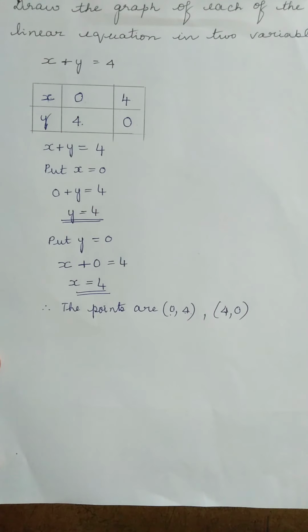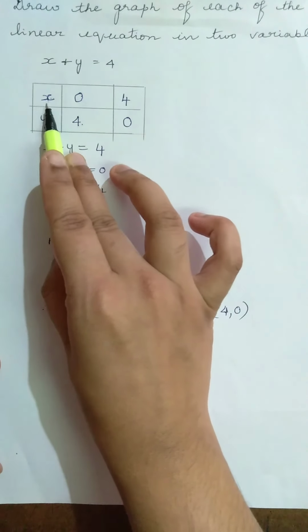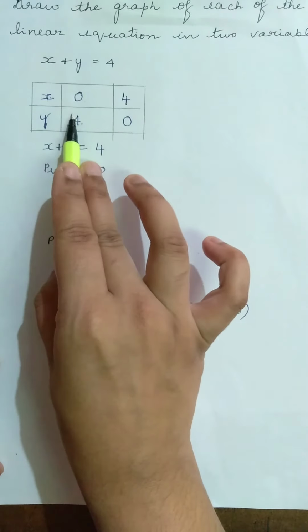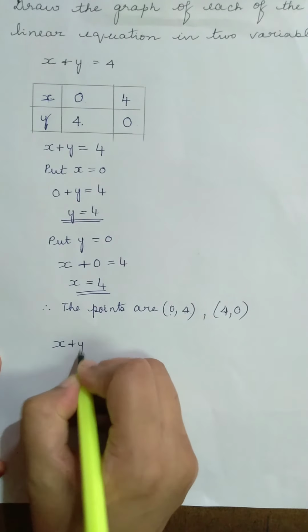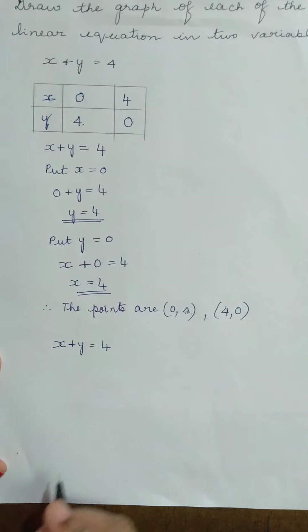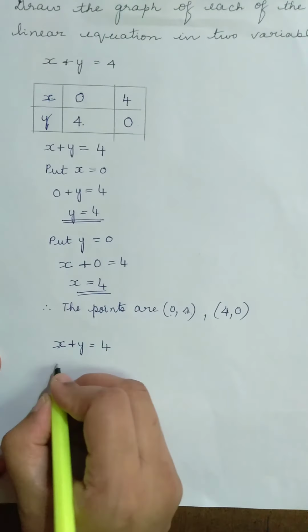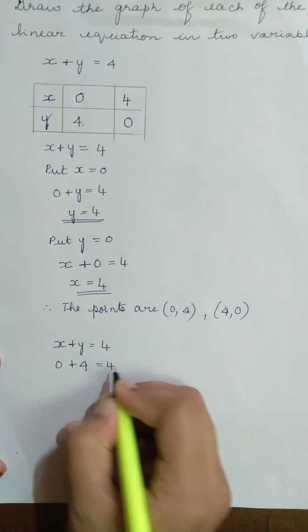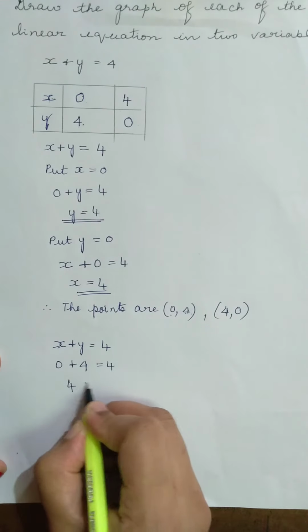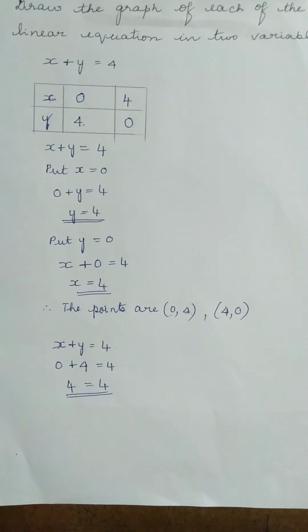Now children, let us apply x = 0 and y = 4 in the equation x + y = 4. We have x value 0 plus y value 4, 0 + 4 = 4. So the LHS and RHS values are the same.